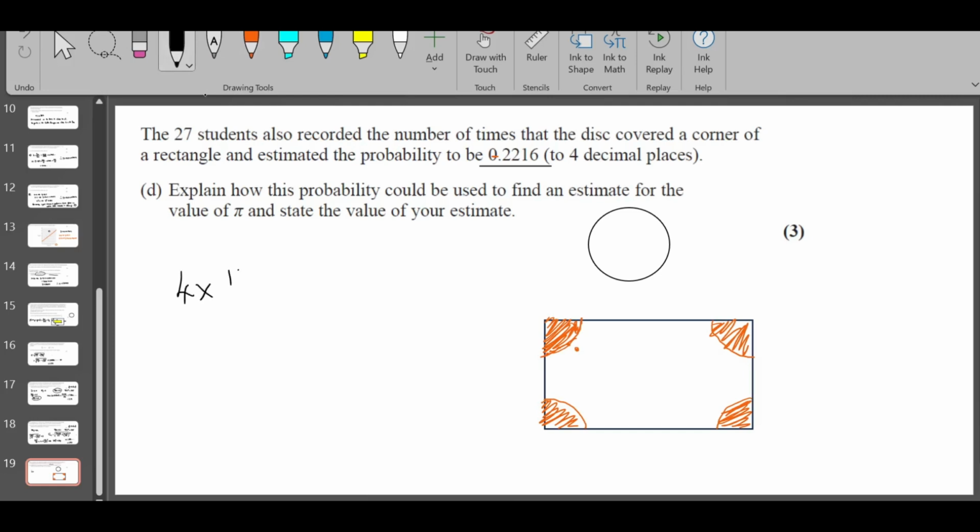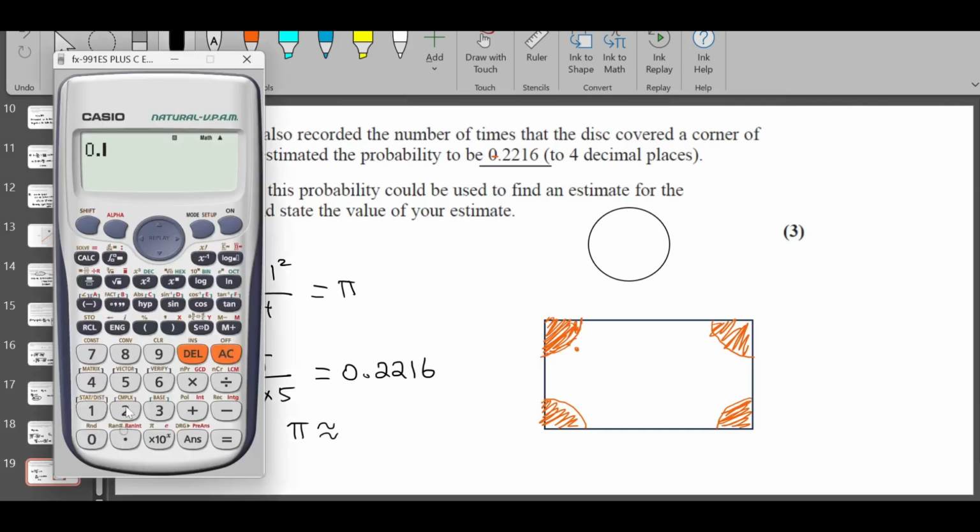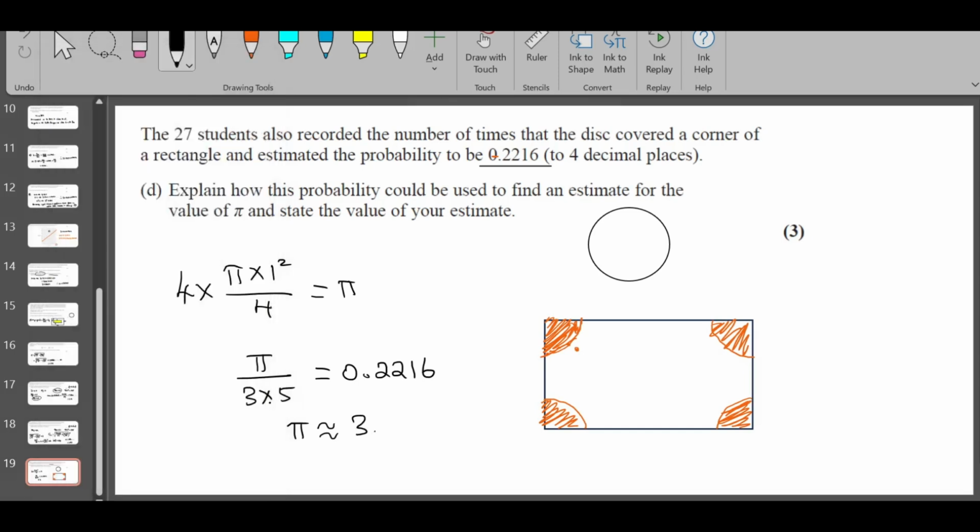The area of a circle with radius 1 is just pi, correct? So the probability is pi divided by the total area, which is given as 0.2216. So pi will be approximately equal to 0.2216 times 15, which is 3.324. That's all.